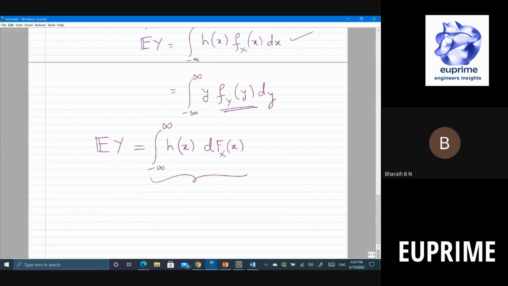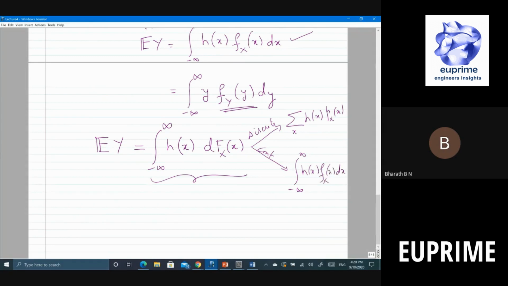Don't think that this is something else. This is a notation which means that this is equal to the sum over all x of h of x p_X of x for discrete. For continuous, this will be the integral from minus infinity to infinity of h of x f_X of x dx.